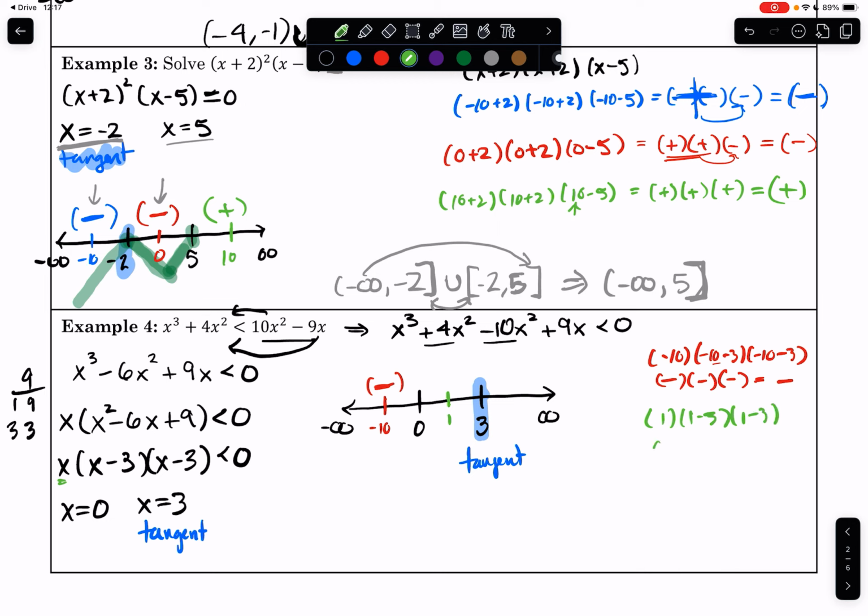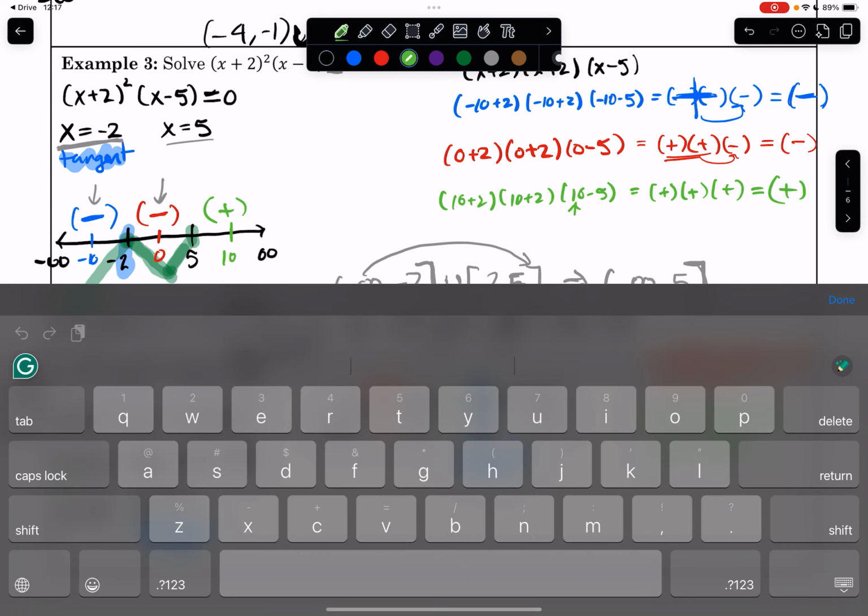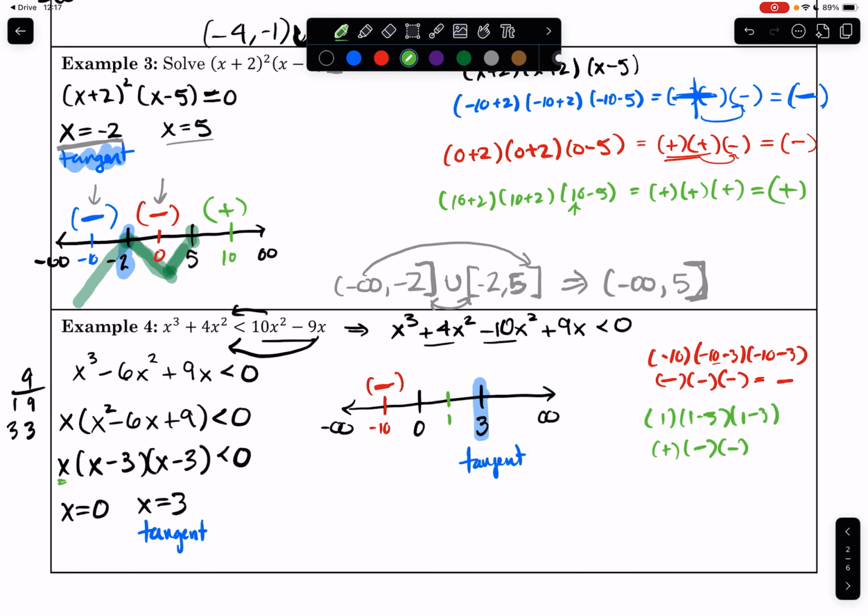Well, this would be a positive. 1 minus 3 is negative, and 1 minus 3 is negative. Multiplying 2 negative numbers makes it a positive. And multiplying that positive with the first positive makes everything positive. So we're going to be positive right there, okay.